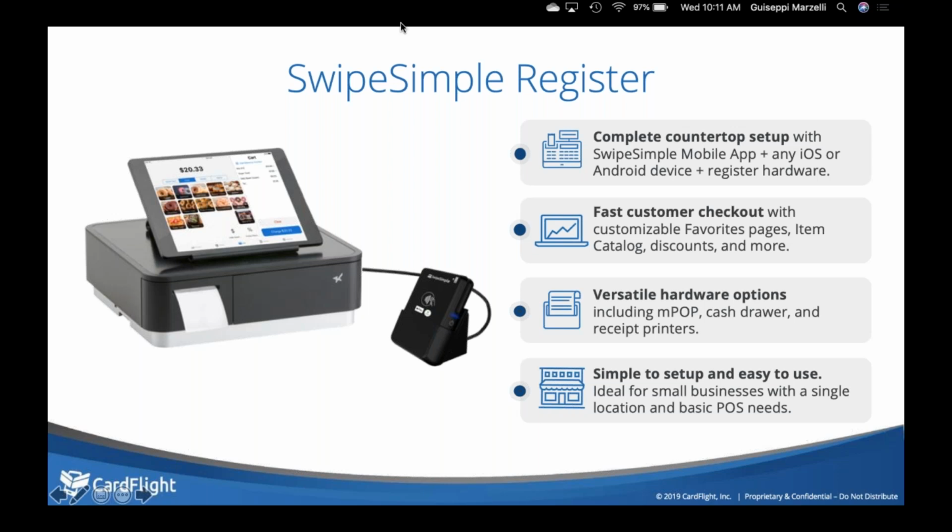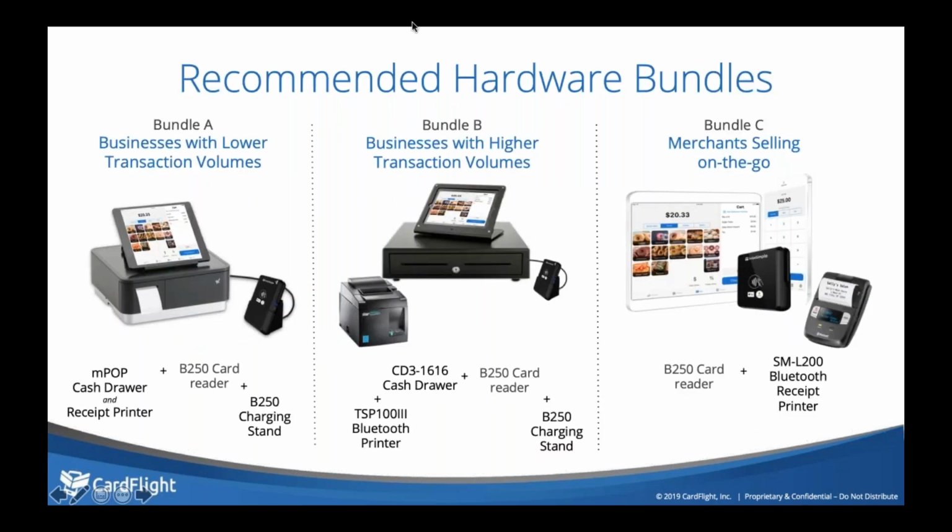All the features are still included. On the register, though, it's a little more optimized to show the pictures you can see there on the terminal for the items. If you have the same account on your phone, all those items will show up, and you'll actually see pictures on the register. So this is more for behind the counter, a little more robust. Maybe I don't have a mobile terminal, I really want a stationary device. Obviously, it's great to have options.